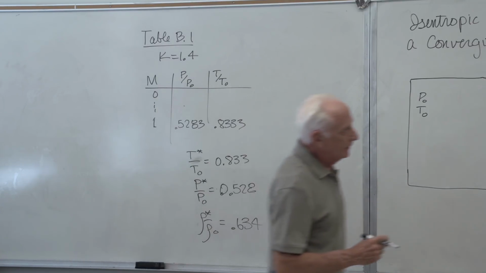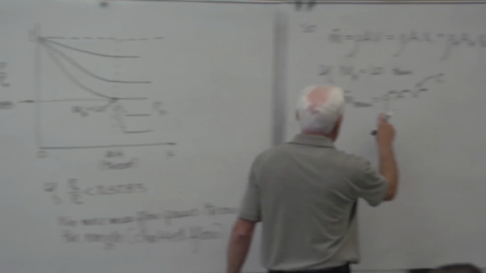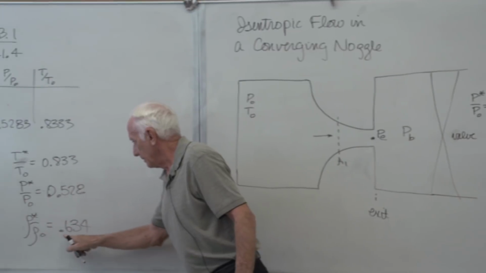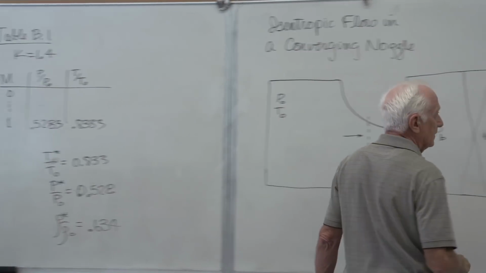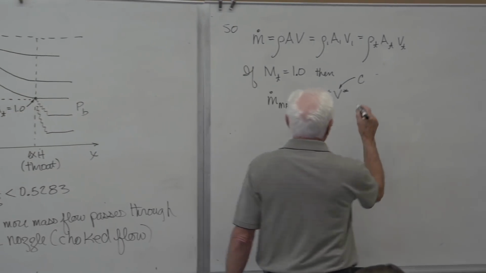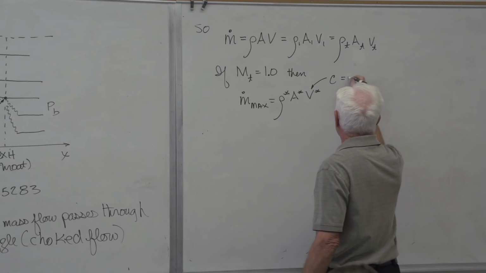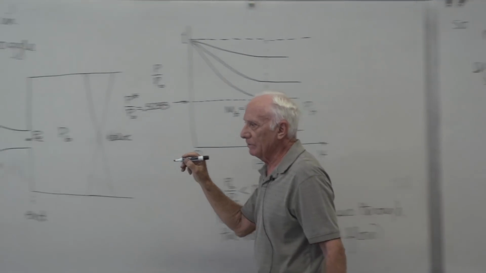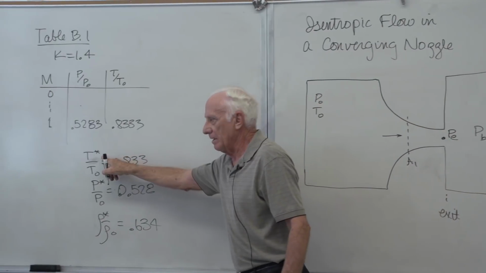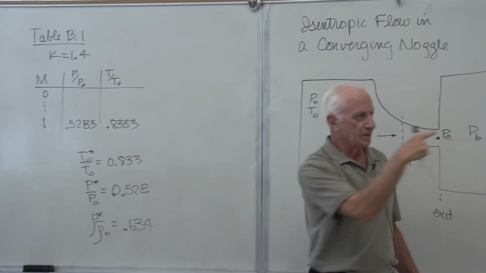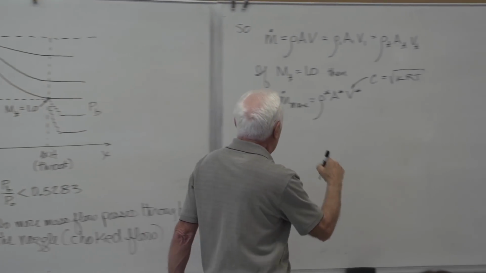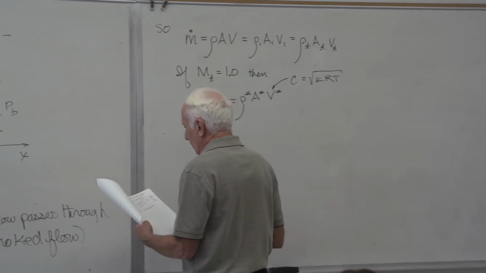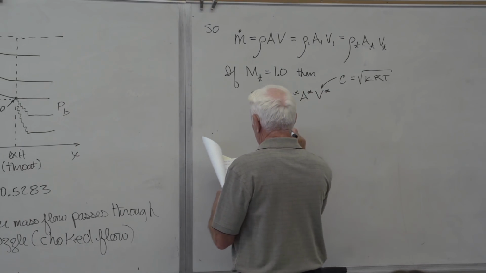So what do I need? I need rho star. So there's rho star, 0.634 times rho naught. I need the speed of sound. What's that? The square root of KRT. What T? T where the Mach number's 1, T star. There, 0.833 in there. A star, exit area, throat area. So when I'm done, this is what I get.